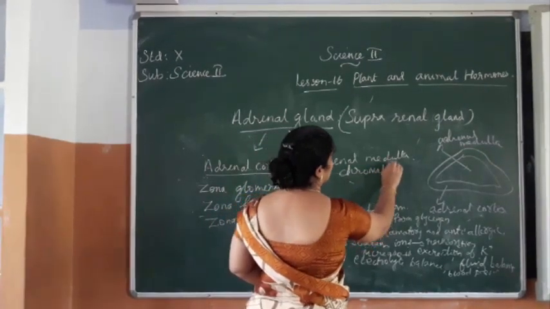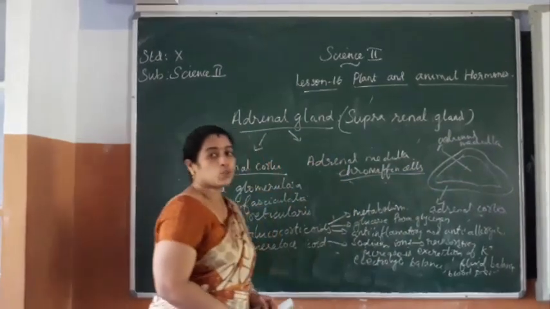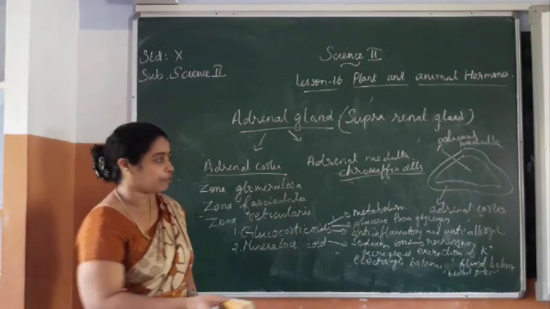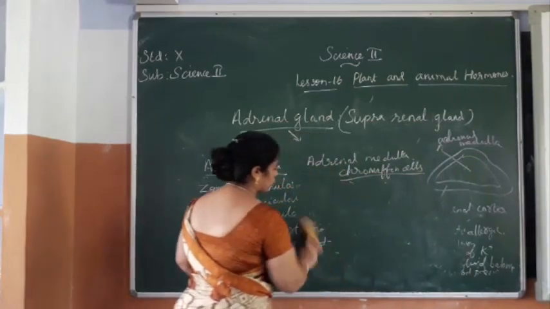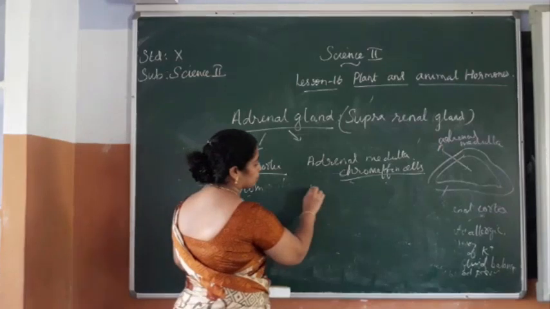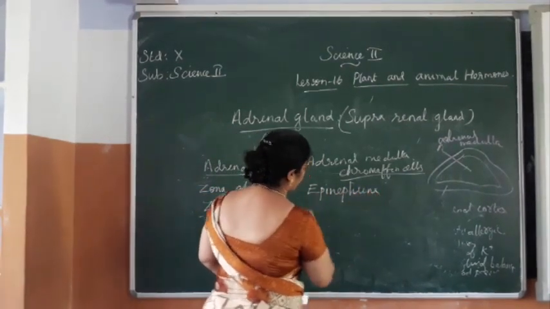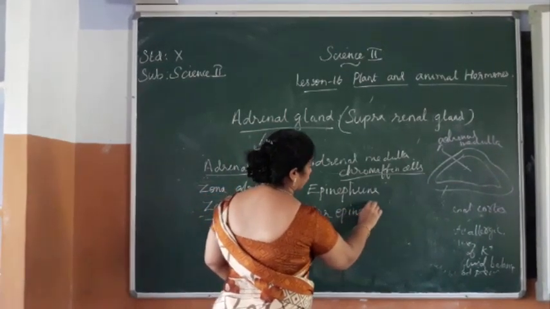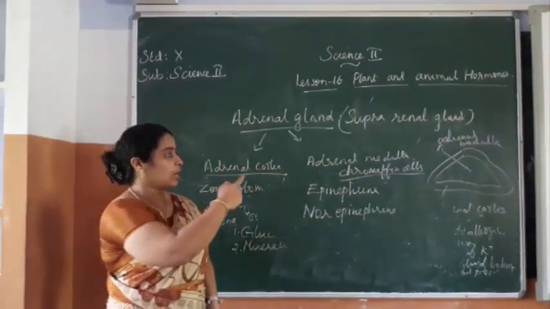Here it is made up of one type of cell, the chromaffin cells, and these cells produce two hormones known as epinephrine and norepinephrine. Like the adrenal cortex, the adrenal medulla also produces two hormones, epinephrine and norepinephrine.